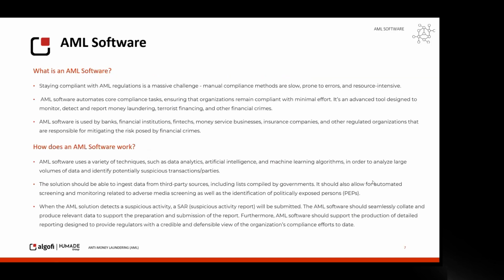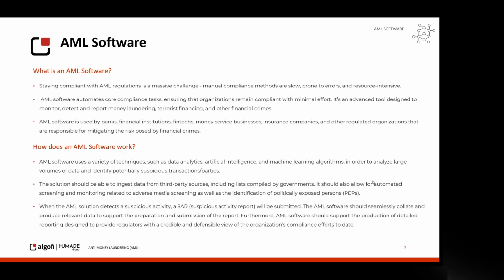Which leads us to the third part, which is about AML software. What is AML software? Staying compliant with AML regulations is quite a massive challenge. Manual compliance methods are slow, prone to errors, and resource intensive. So in order to avoid this process, AML software automates core compliance tasks, ensuring that organizations remain compliant with minimal effort.